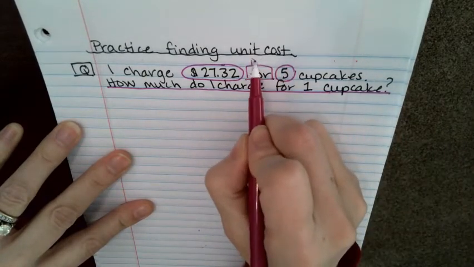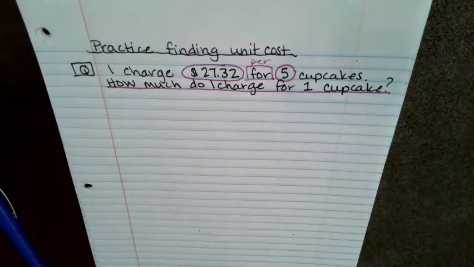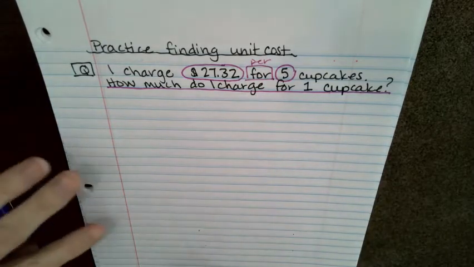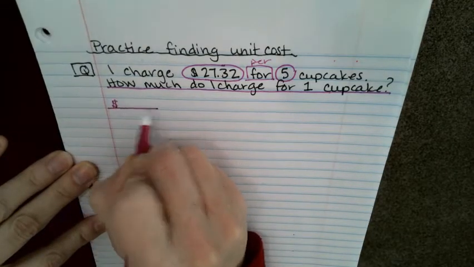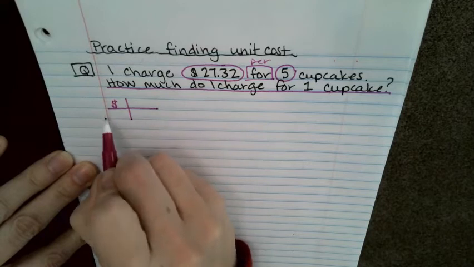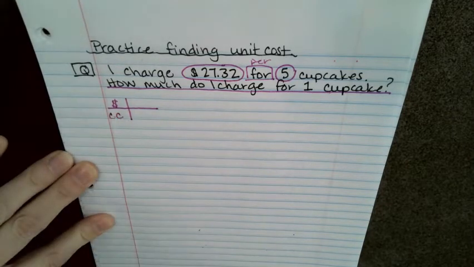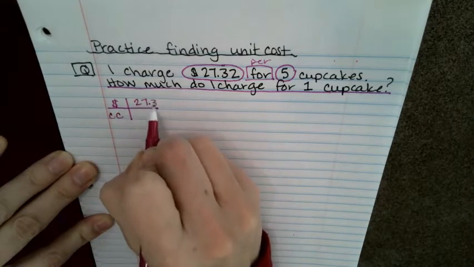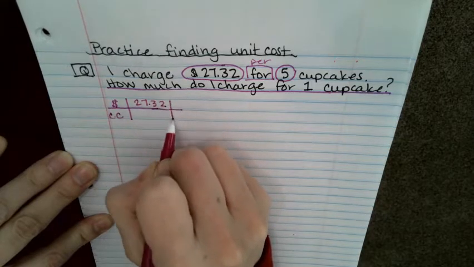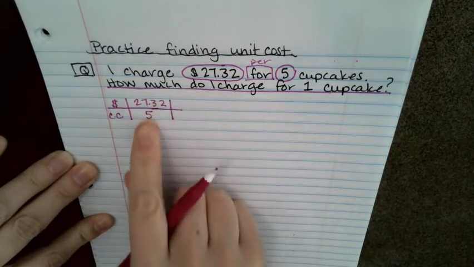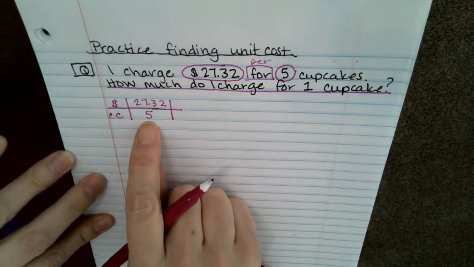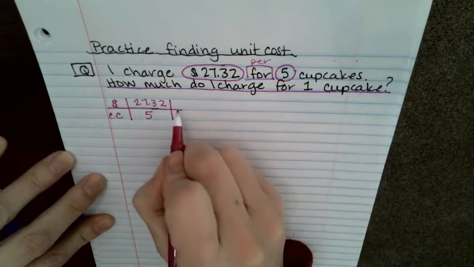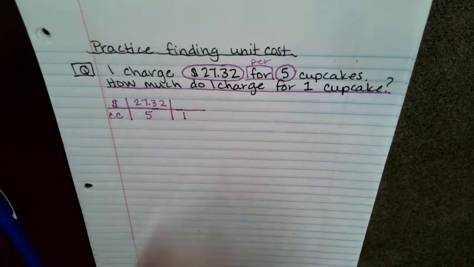And so this is kind of like per, right? Okay, if I were going to set this up as a table, I would have money, and I would have cupcakes, and it would be $27.32 for 5 cupcakes. But remember, the point is I'm not interested in how much I charge for 5 cupcakes. I want to know how much I'm charging for 1 cupcake, so I'm going to put that one there.